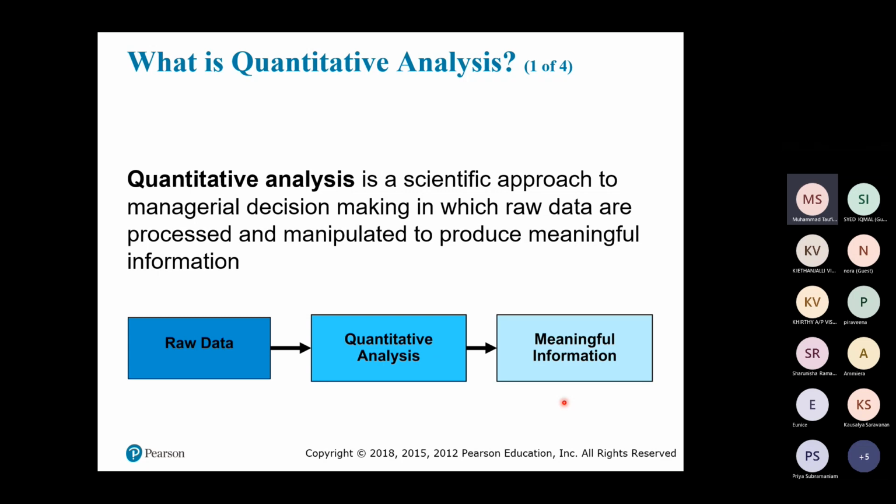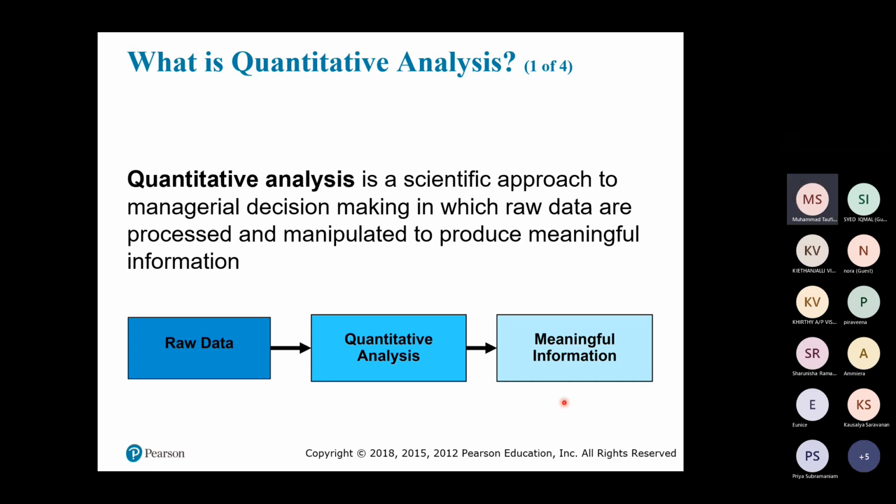Quantitative analysis is a scientific approach to managerial decision making in which raw data are processed and manipulated to produce meaningful information. In simple terms, quantitative analysis is where you process raw data, mostly numbers, and from those numbers you come up with information.